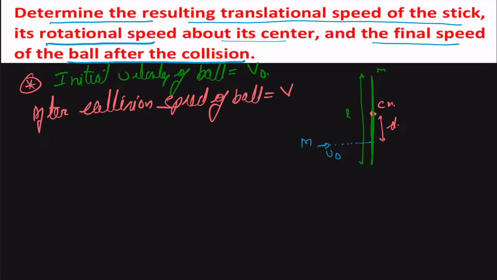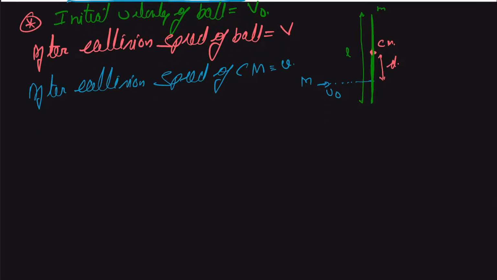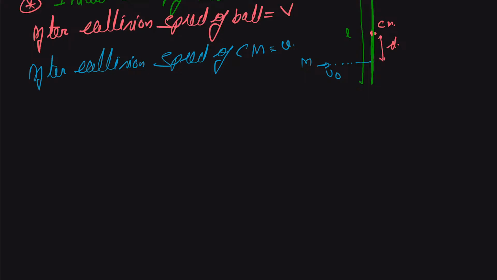So we can say that after collision, speed of center of mass is suppose small v, and obviously it is going to have a tendency to rotate about its center of mass, that will be a pivot point, so the stick's angular speed is omega.